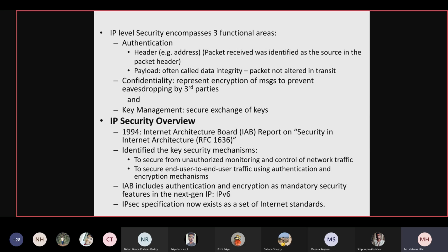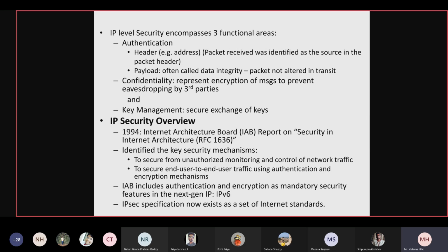Confidentiality, as I said, there is another protocol called ESP. Okay, and one more major function of IPsec apart from authentication and confidentiality is key management, secure exchange of keys. As I said before, IPsec is not a single protocol.